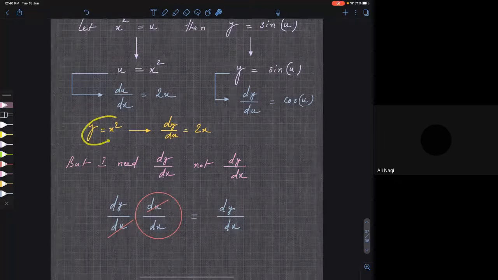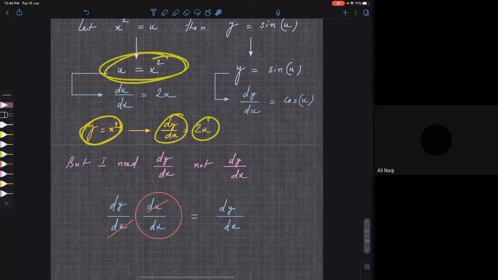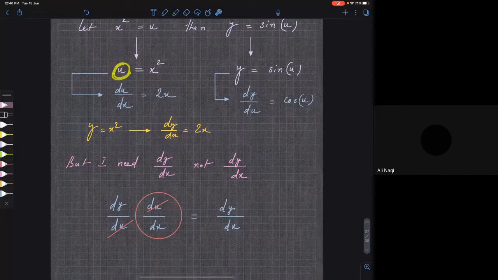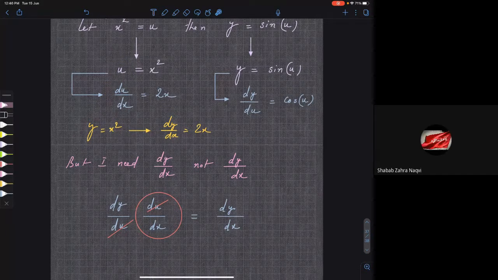See, if y is equal to x square, then dy by dx equals 2x. If u is equal to x square, then instead of y, you have u. So instead of y, you'll get u again. Clear? Yes, sir.